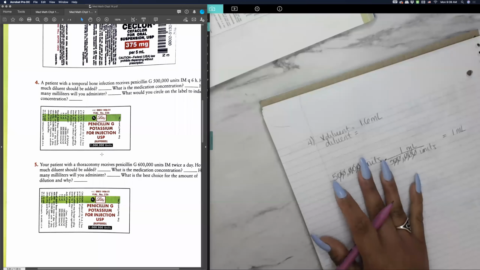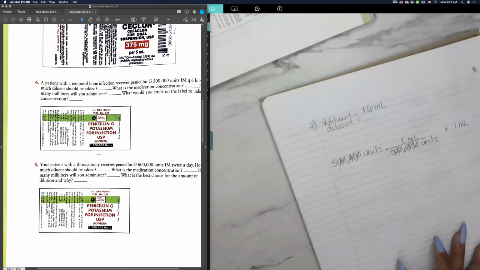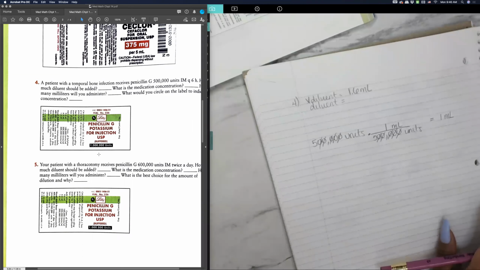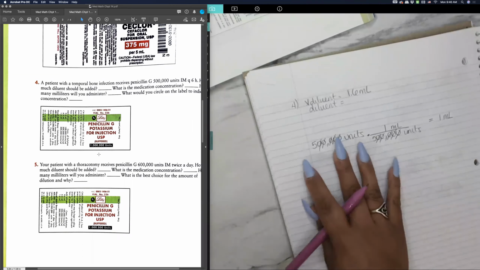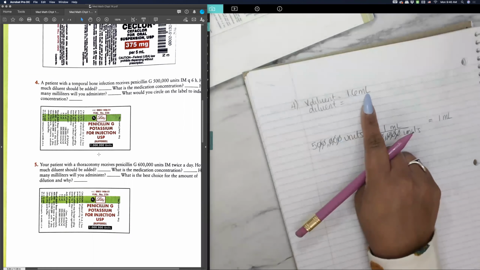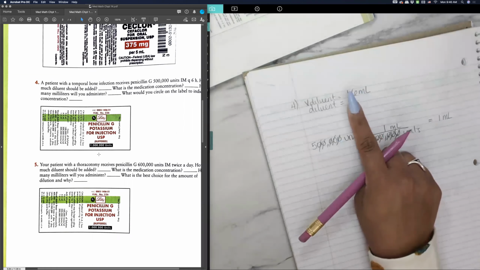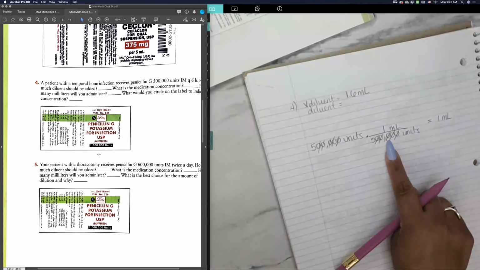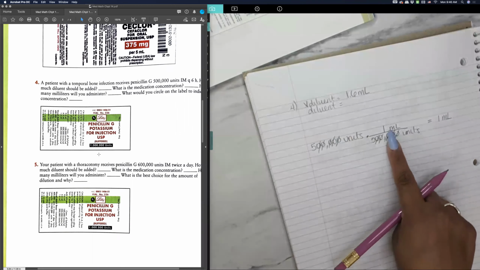Going back to answering the different question parts. How much diluent should be added? You should add 1.6 milliliters. What is the medication concentration when you add 1.6 milliliters? It's 500,000 units per 1 milliliter. How many milliliters will you administer?